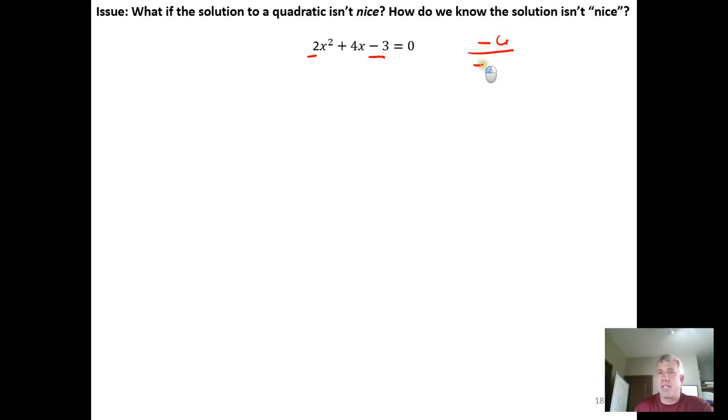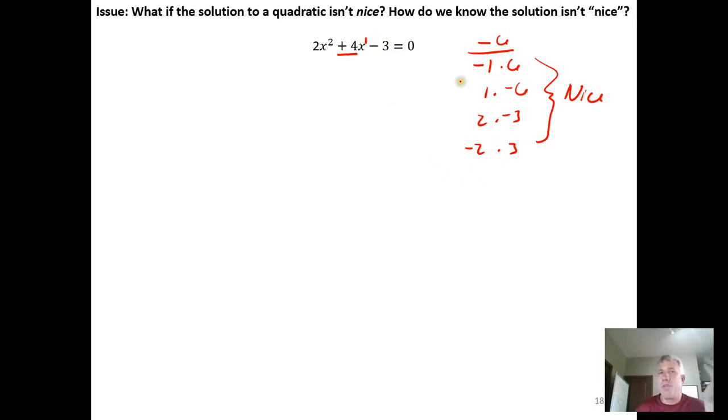So -6 in this case: -1 times 6, 1 times -6, 2 times -3, -2 times 3. Once we got all the nice factorizations, we asked the question, do any of these factors add up to the coefficient on the linear term? And in this case, none of them do.